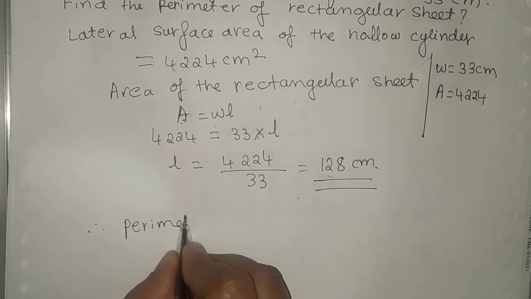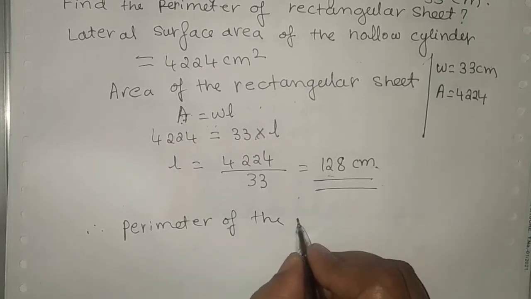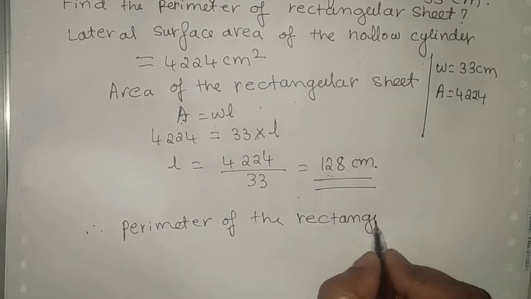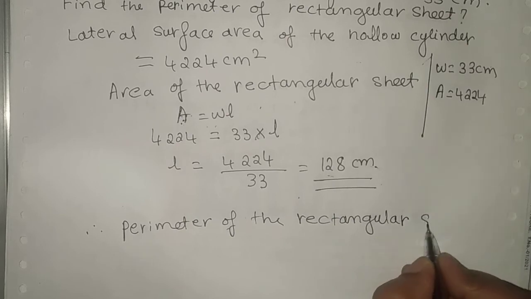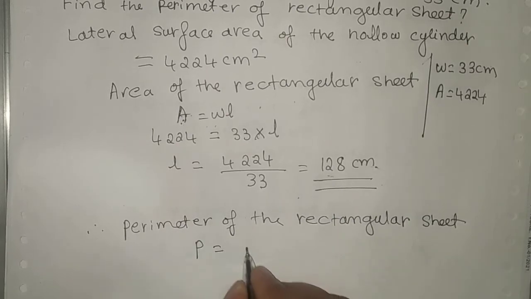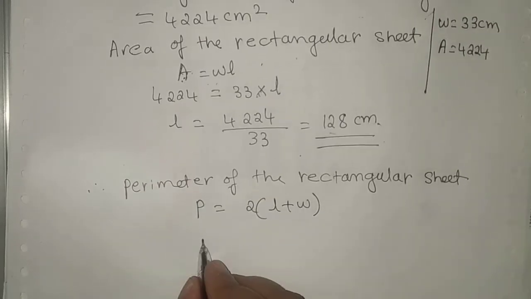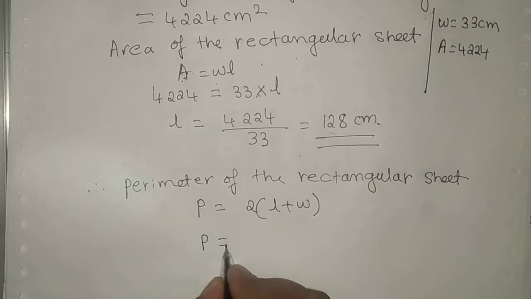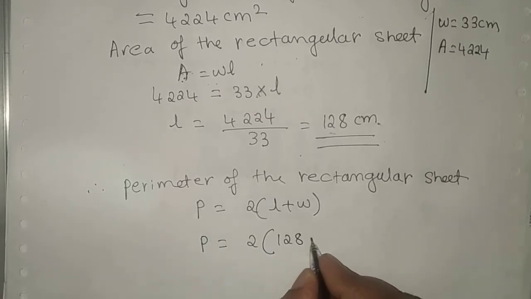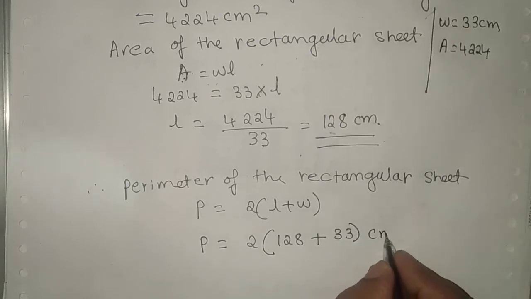Next is the perimeter of the rectangular sheet. So formula given is P is equal to 2 into length plus width. So what we have, that is P is equal to 2. We have length as 128 we found out, and width given as 33 centimeters.